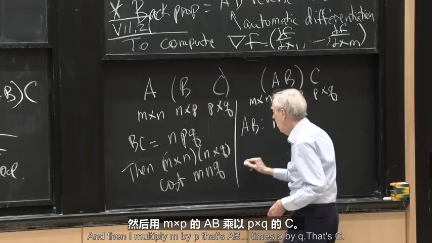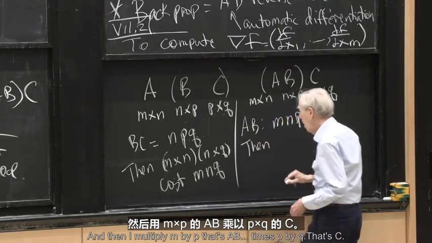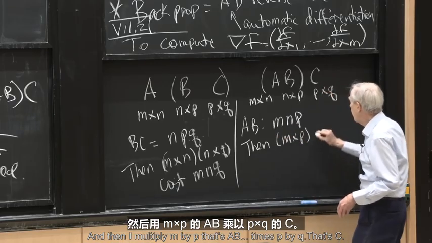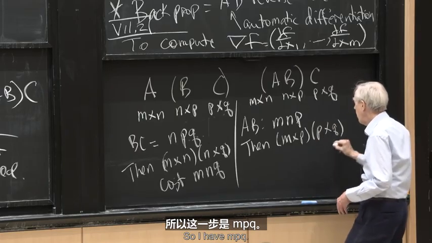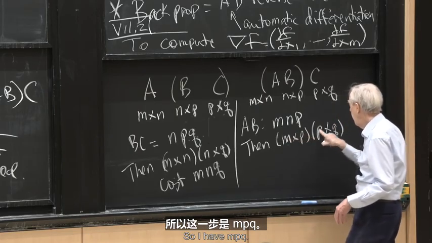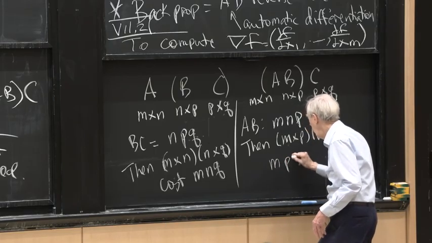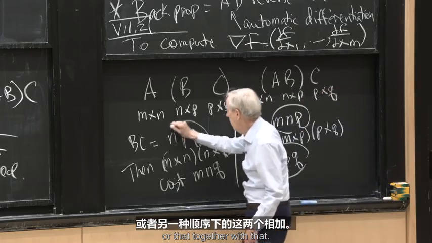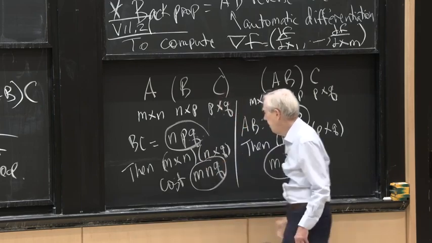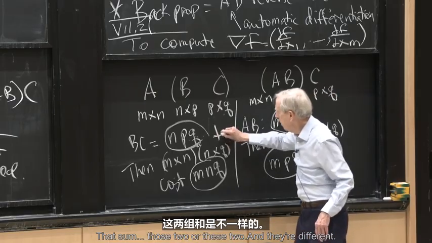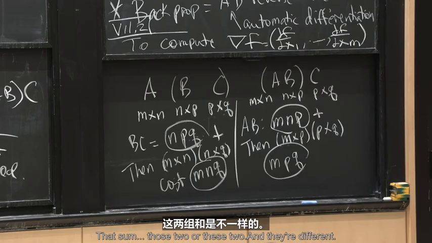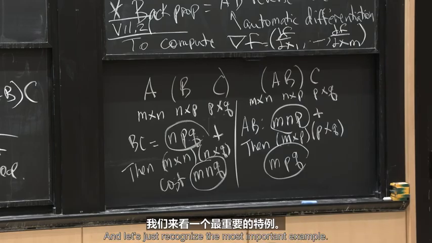And then I'm multiplying m by p, that's AB, times p by q, that's C. So I have MPQ. So I have that together with that, or that together with that. That sum, or these two, and they're different.